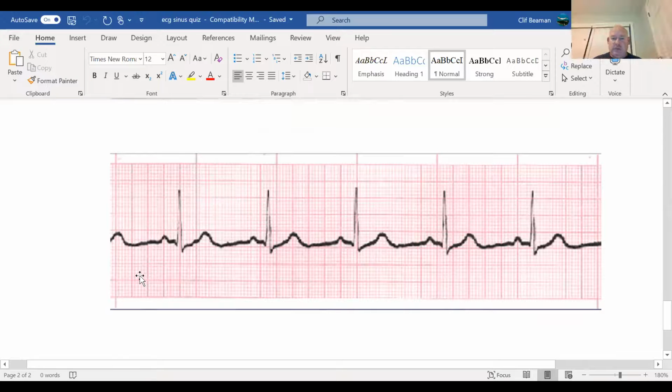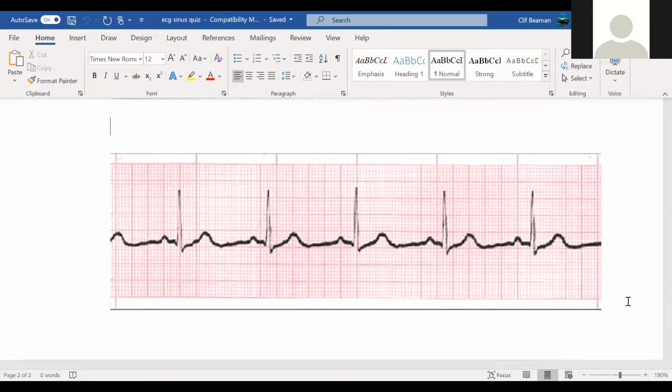Okay, so let's assume that this is also a 6-second strip. What would your rate be on this one? Heart rate would be 50 if this is a 6-second strip.